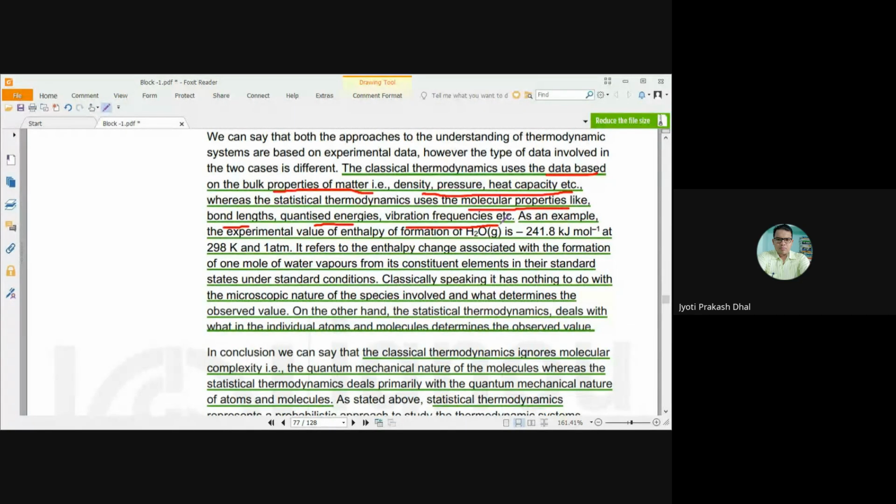So generally statistical thermodynamics deals with microscopic properties.